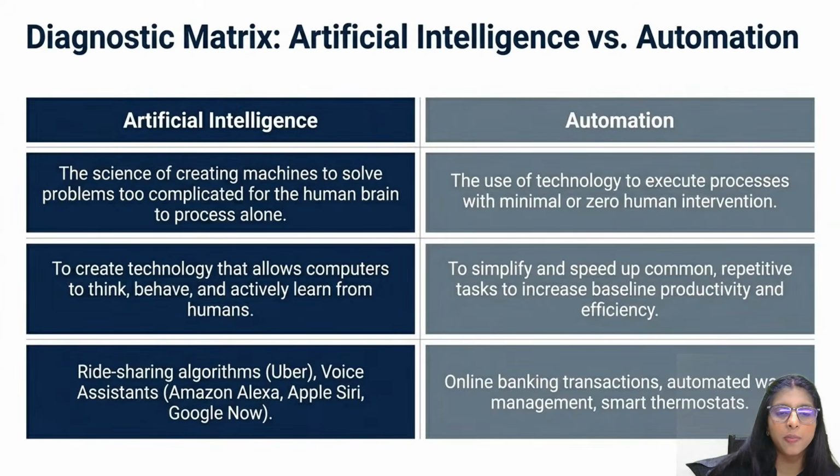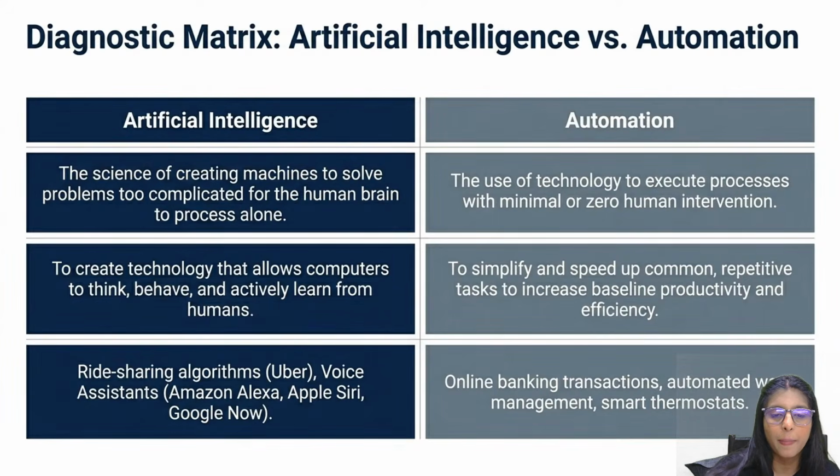What is the difference between artificial intelligence and automation? Basically, artificial intelligence uses machines to learn, think, and make decisions like a human, while automation uses technology to perform repetitive tasks automatically based on fixed rules.